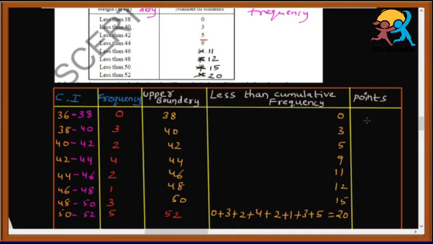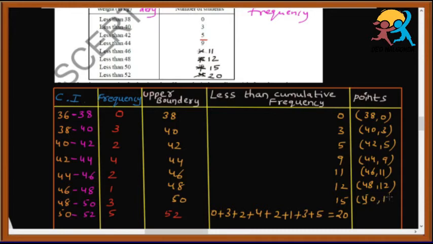So next write the points. So on x-axis we have to take the boundaries, so either upper boundary or lower boundary, no problem. So we can take 38 comma 0, and the next point is 40 comma 3, next is 42 comma 5, next 44 comma 9, 46 comma 11, next 48 comma 12, next 50 comma 15, next 52 comma 20.